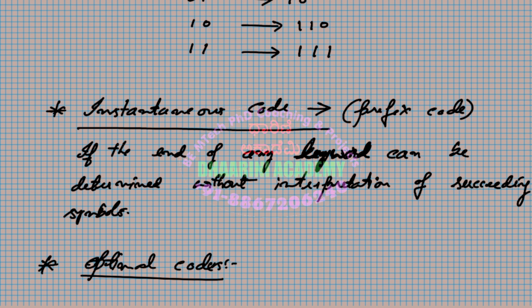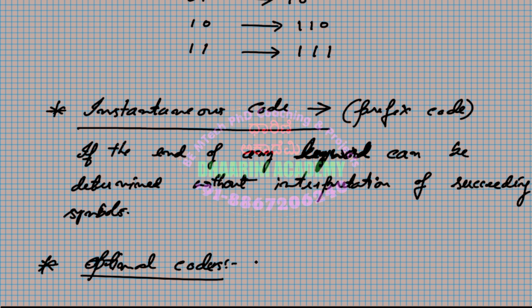So what is an optimal code? The lengths of the code words assigned to the symbols are minimal. We have various lengths possible; the length of each symbol is not unique. It's going to be different, and we have assigned the minimum length for each of the symbols. That's why it is called optimal.